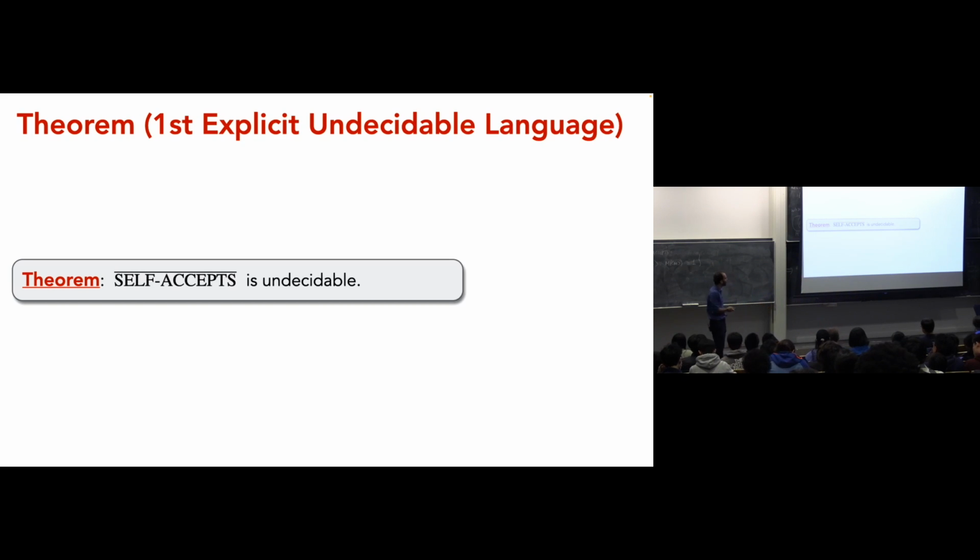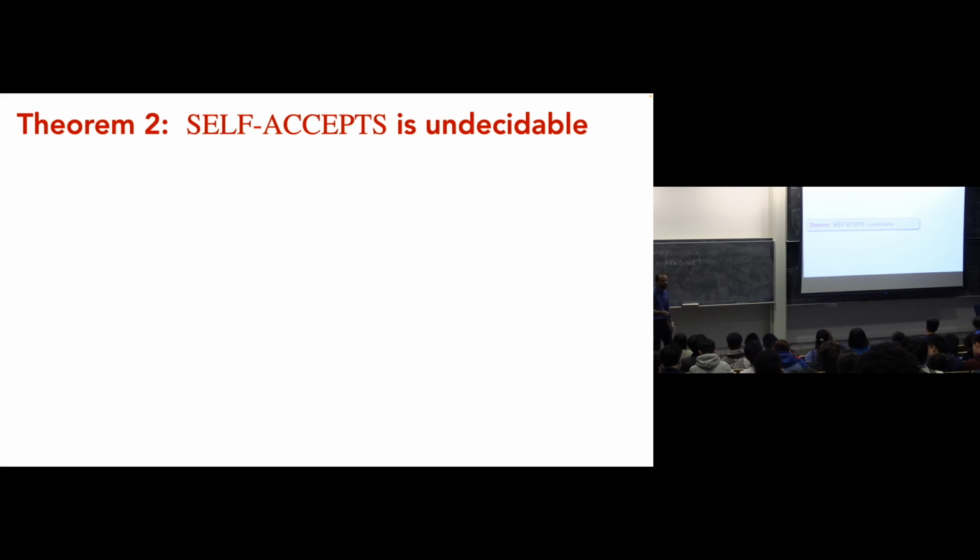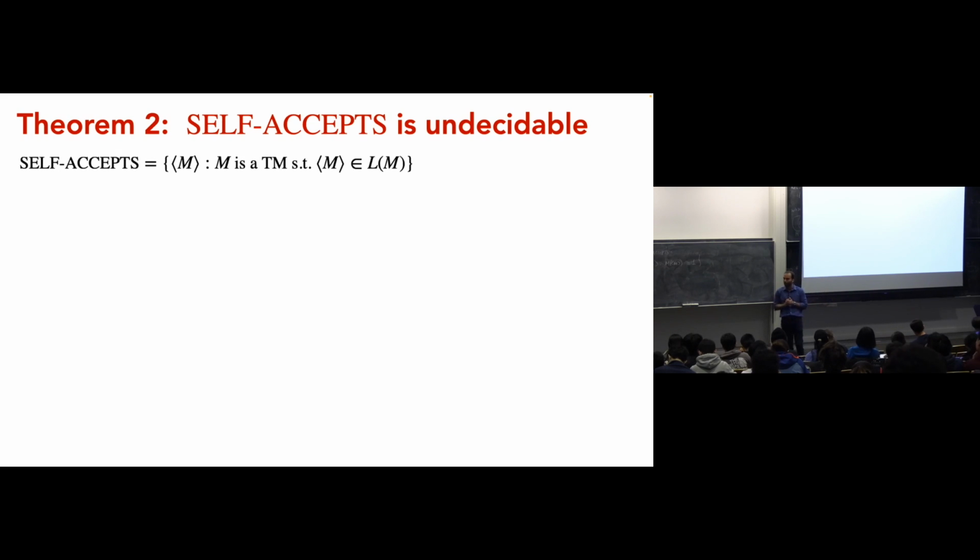Self-accepts itself. If you tell me that the complement of self-accepts is undecidable, then I can tell you that self-accepts is undecidable as well. Why? Because if self-accepts were decidable, then I could use that to decide the complement of self-accepts. But we just showed that it's not decidable.